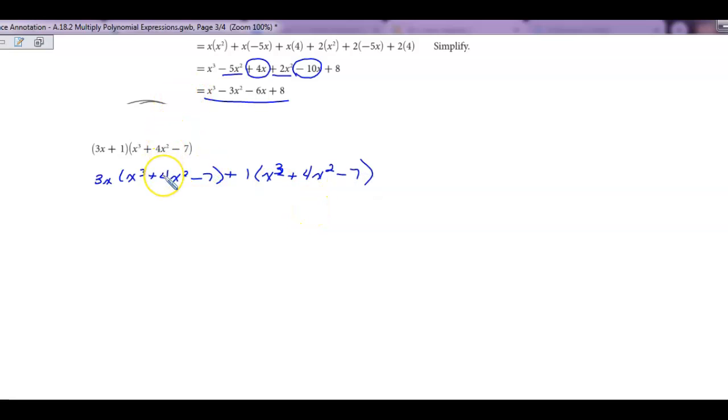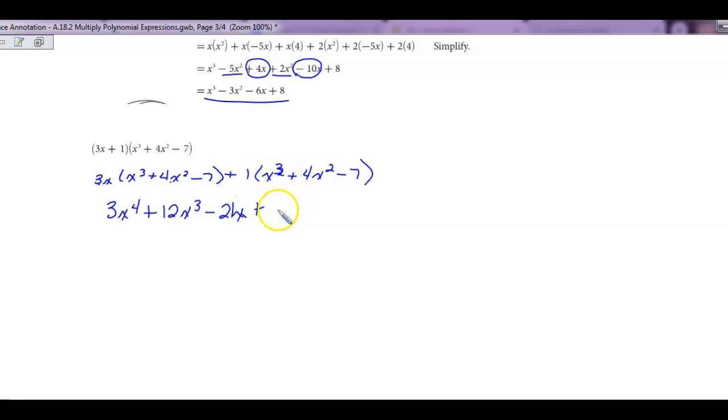A little harder to see today. Sorry, guys. So now we're going to distribute. 3x times x to the third power is 3x to the fourth power. 3x times 4x squared is 12x to the third power. And 3x times negative 7 is negative 21x.